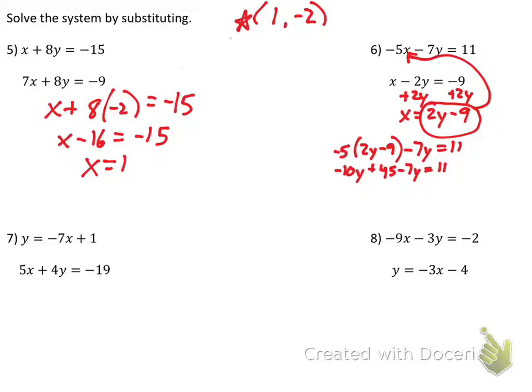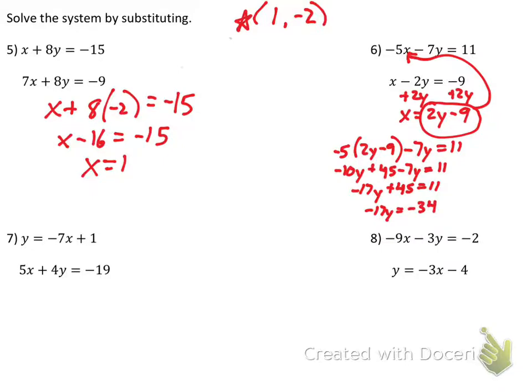Combine like terms, and I'll get negative 17y plus 45 equals 11. I'll minus 45 on each side, and negative 17y is equal to 11 minus 45 is equal to negative 34.